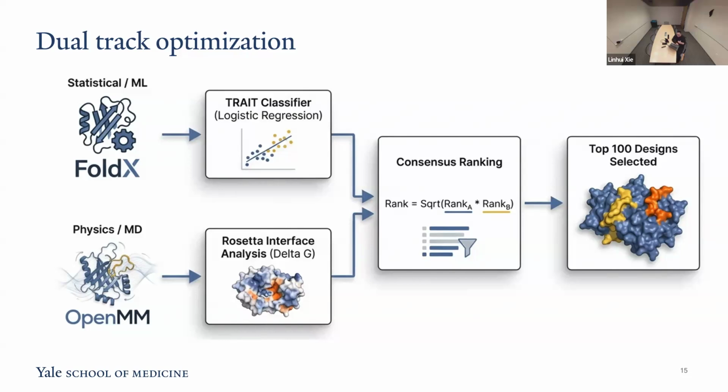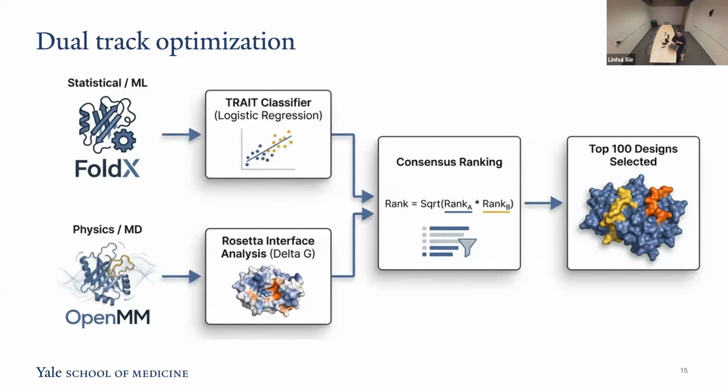For track B, we feed the complex into OpenMM. Basically, we run molecular dynamics simulations, and after a short amount of molecular dynamics, we extract the Rosetta FastRelax delta G values. We then rank the binding probability and the delta G values.